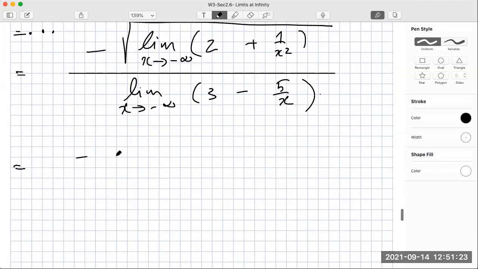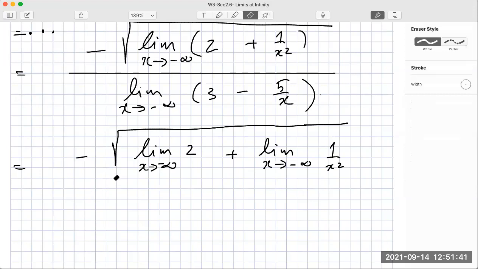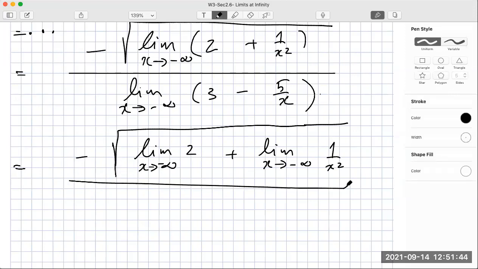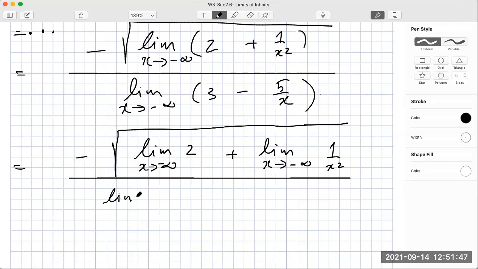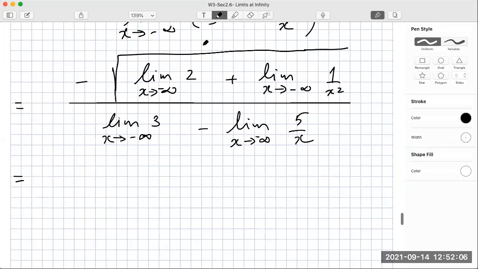Anyway, it would be negative of the limit of 2 as x approaches negative infinity plus the limit as x approaches negative infinity of 1 over x squared here, then divided by the denominator, limit of 3 as x approaches negative infinity minus the limit as x approaches negative infinity of 5 over x here, and infinite properties of this limit.